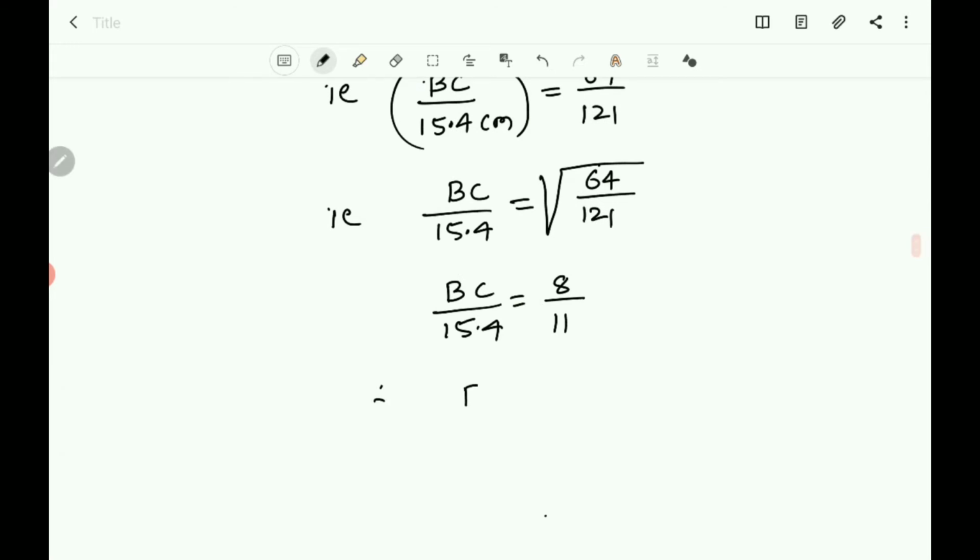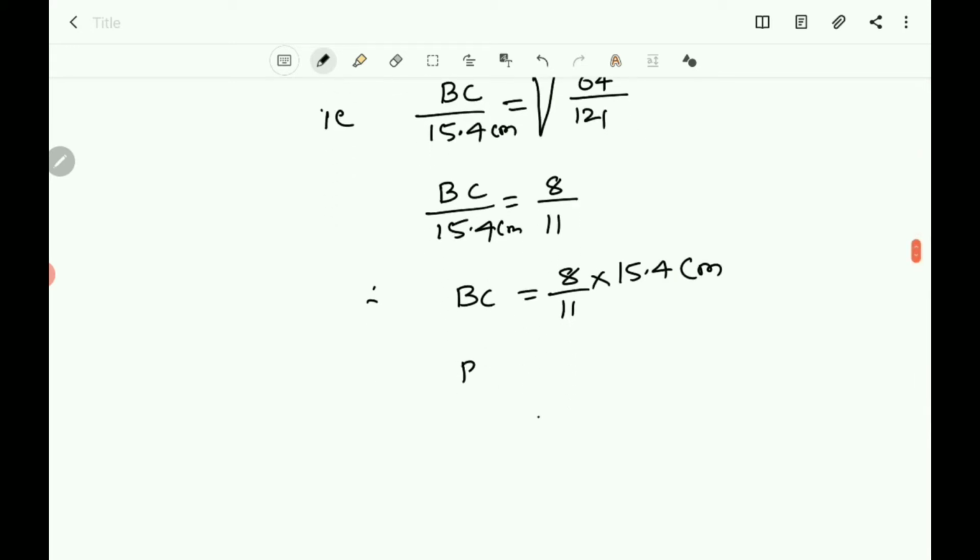Therefore you write BC is equal to 8 by 11 into 15.4 cm. So 11 ones are 11, 4 is remaining, 11 fours are 44, so we get 1.4.